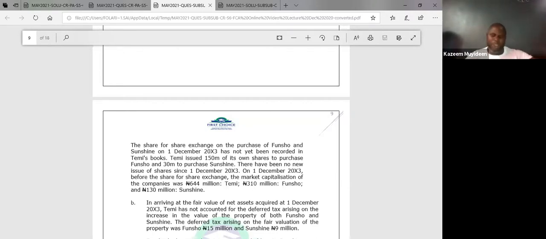If there is a revaluation surplus, the problem is this: at the date of acquisition and at the date of consolidation, if the deferred tax changes, that is the one that will go to what? Deferred tax liability. ICAN has not tested group accounts introducing deferred tax liability.